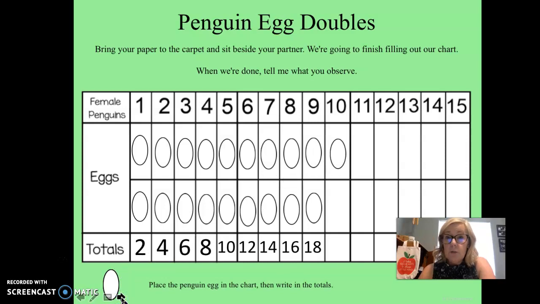18 eggs. 10 penguins will lay how many eggs? 10 times 2, or 2 groups of 10, equals 20.